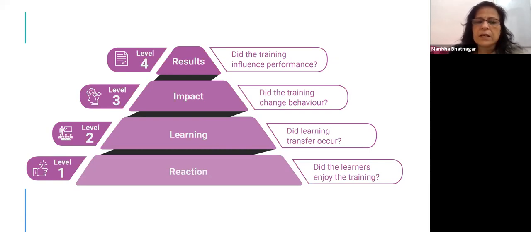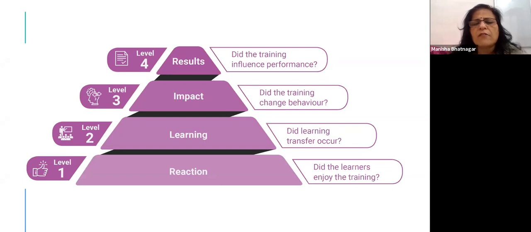Then the second level is the learning level. Here we are more concerned about the learning happening. It is somewhat of a transit state. The trainee has undergone the training and is going to his job. And did the learning transfer occur?